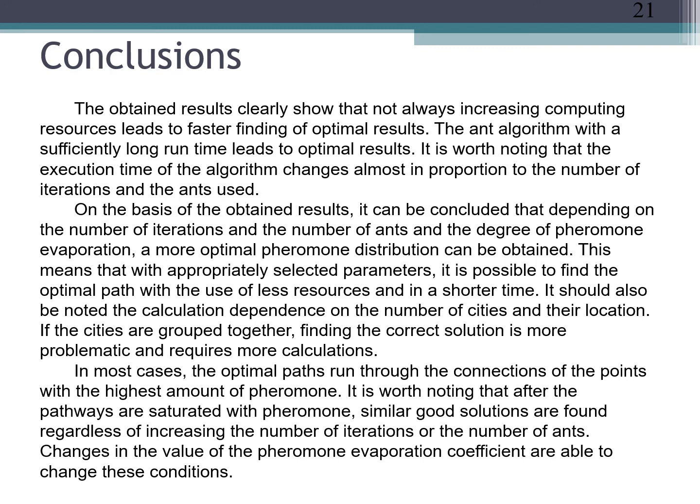After the pathways are saturated with pheromone, similar good solutions are found regardless of increasing the number of iterations or the number of ants. So increasing the resources doesn't matter in this case. Changes in the value of the pheromone evaporation coefficient are able to change these conditions as well.